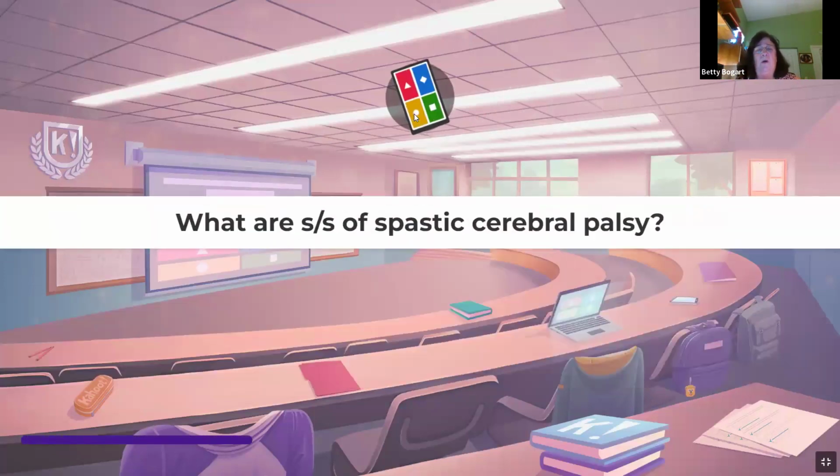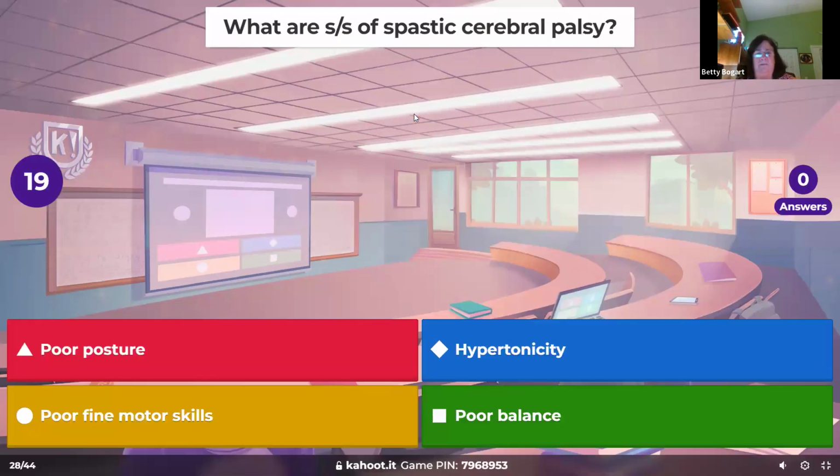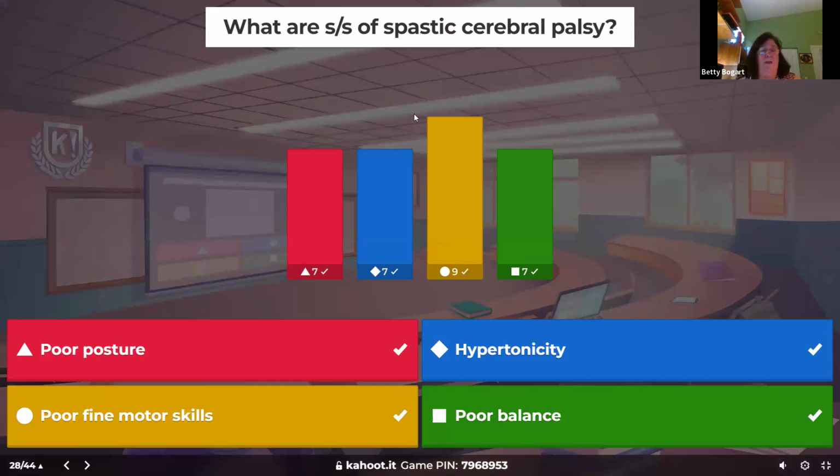Multi. What are the signs and symptoms of spastic cerebral palsy? This is my little Jonathan for sure.